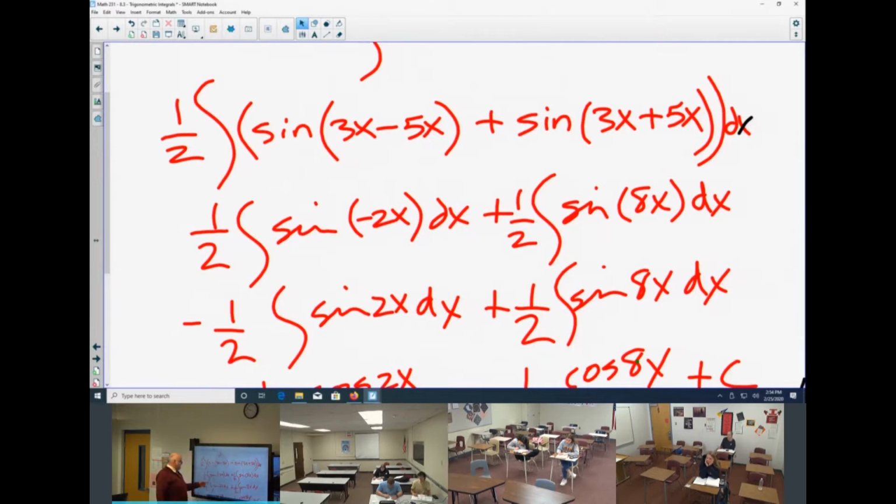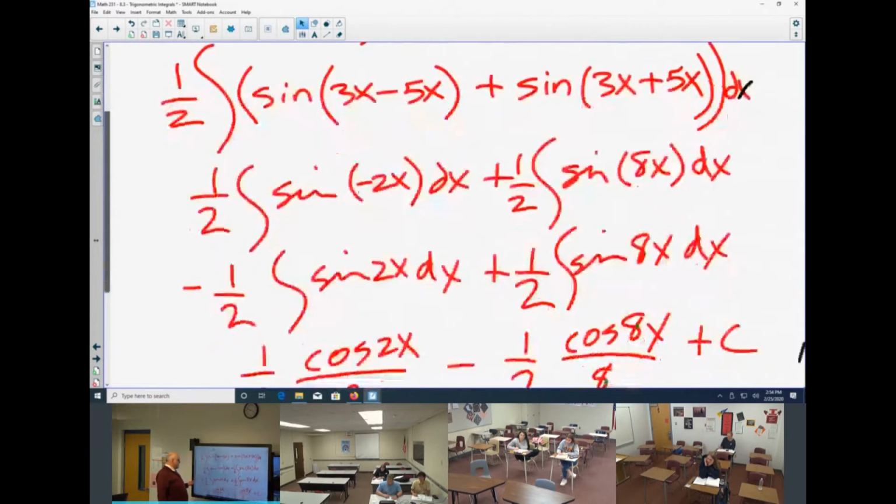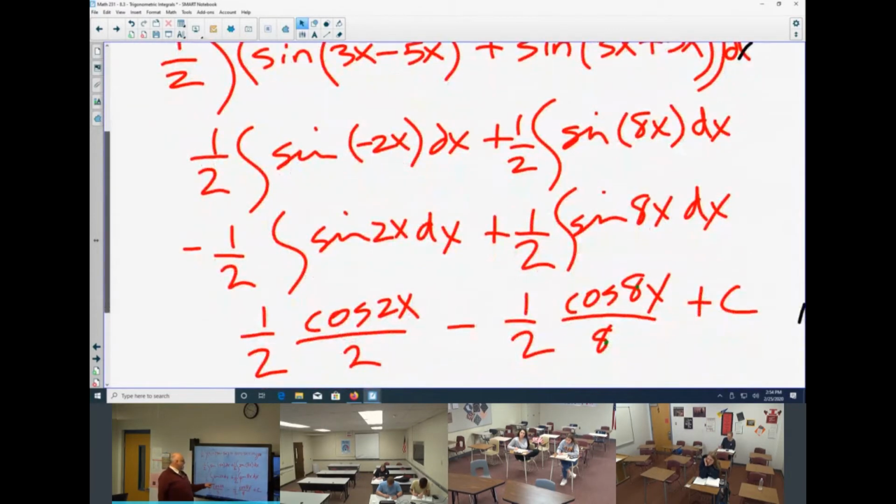Now the integral of sine 2x we can do. That's negative cosine 2x. Remember, when you have a number inside the argument, you divide by that. When you're taking the derivative, you use the chain rule and multiply by the 2. But when you're doing the antiderivative, you divide by the 2. The negative with the cosine will wipe out that negative there.